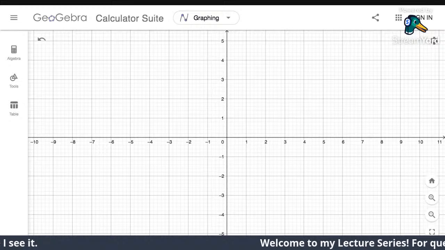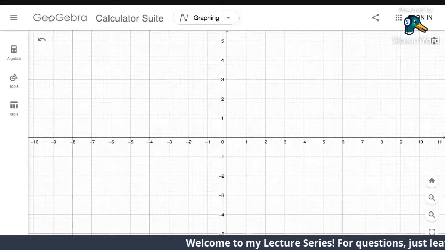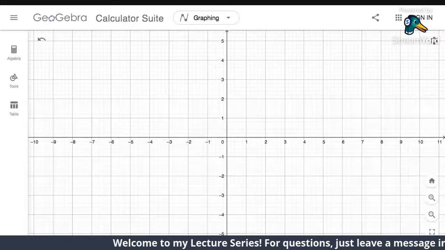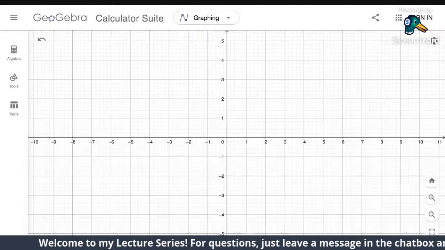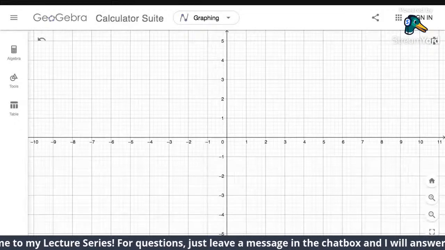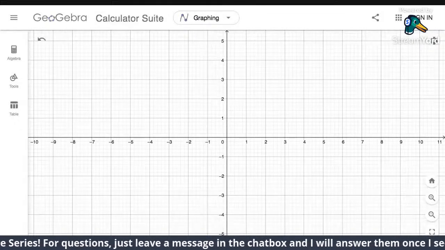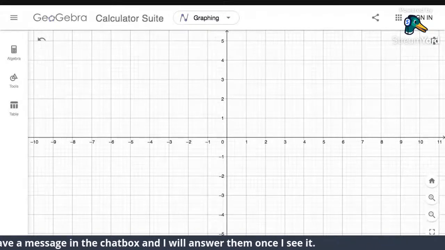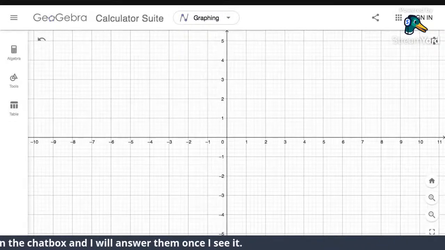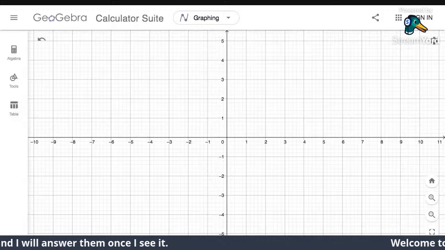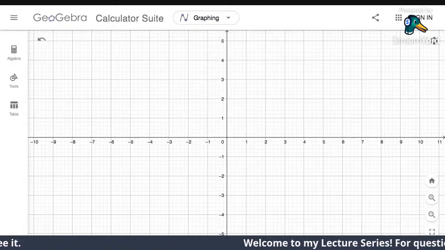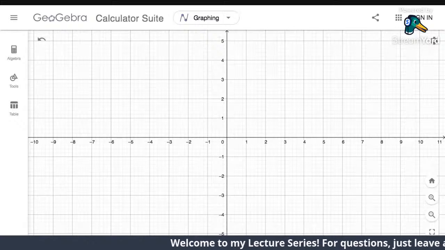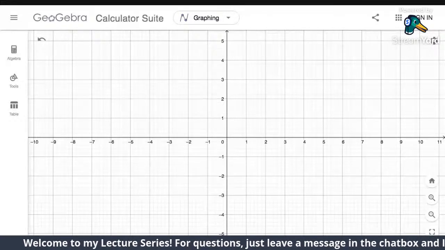So this is how your GeoGebra calculator looks like. I accessed this from my browser. This is your rectangular coordinate system, and there are four quadrants here. We have the first quadrant, this one, and then the second, the third and the fourth quadrant.